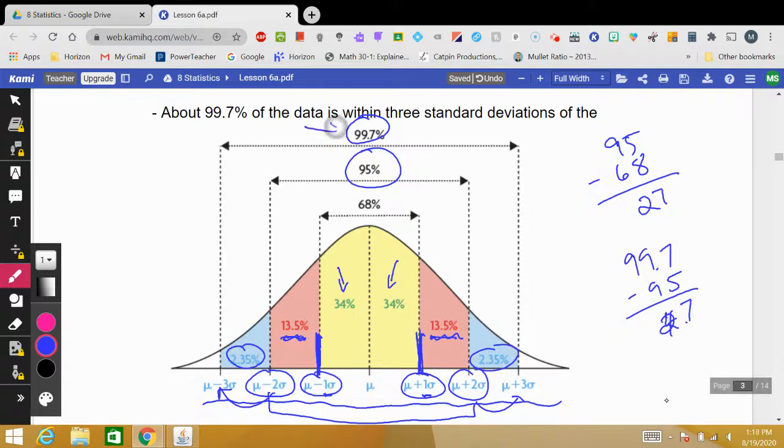Now, notice it's 99.7, it's not 100%. And the reason why is because it still gives you the option to possibly have outliers. So could you technically go to 4 standard deviations? Yes, but then you're getting into the 99.99835 kind of numbers. And so to go beyond 99.7, we don't need to do that.